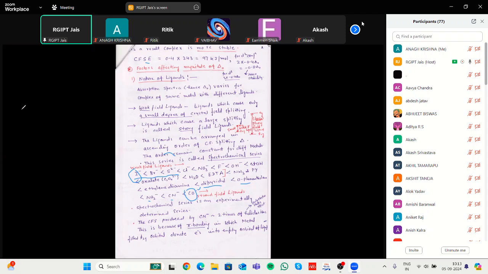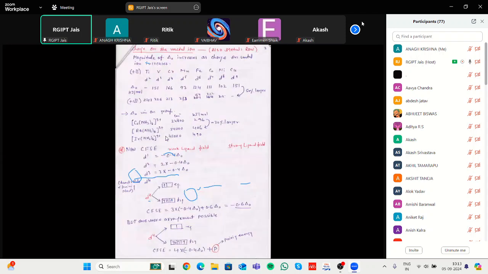The next factor that can affect this is the charge, how much charge is on the complex.